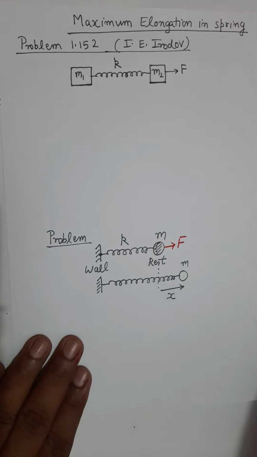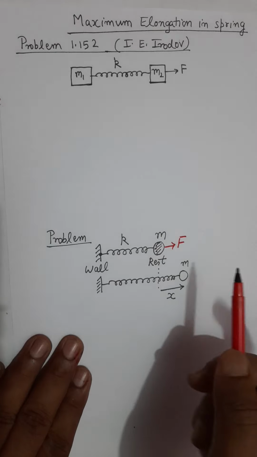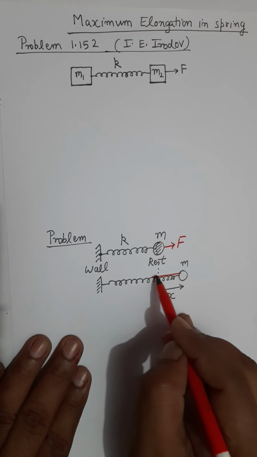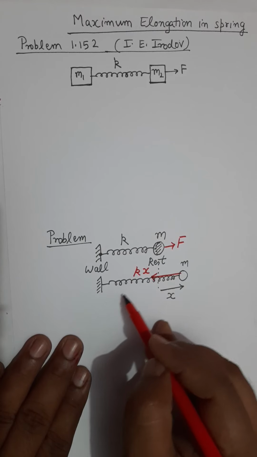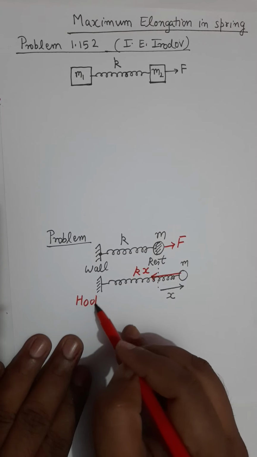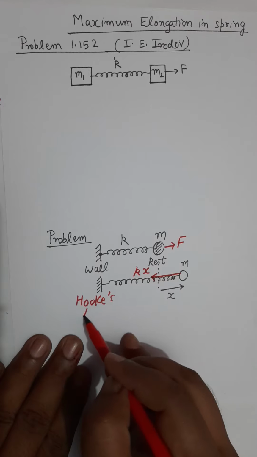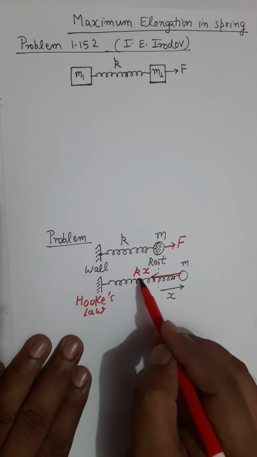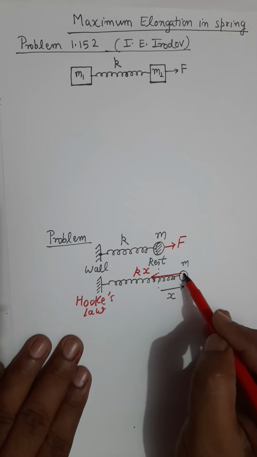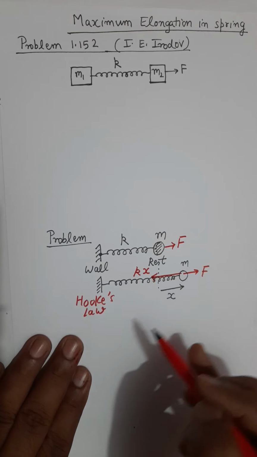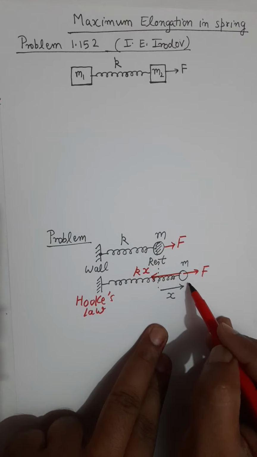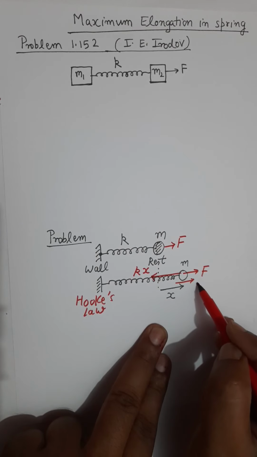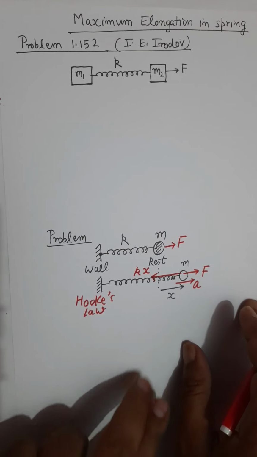And if the spring is elongated, according to Hooke's law, it will apply a force in the backward direction, which is Kx. Apart from this Kx force, we have this capital F also. Let's assume the mass m has acceleration in the forward direction.